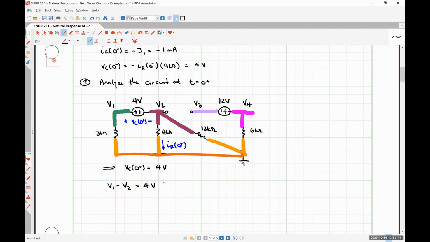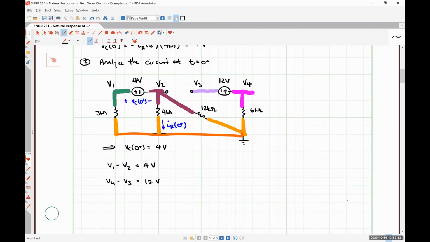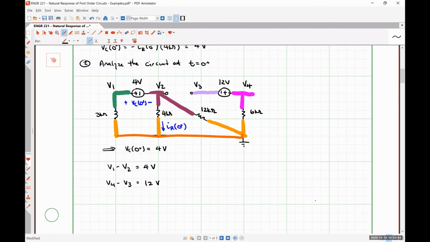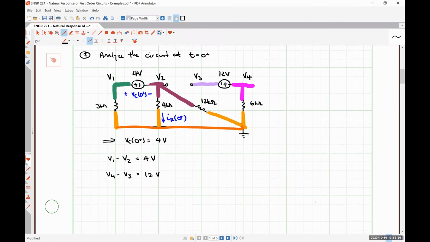And we know that V4 minus V3 is going to equal 12 volts.